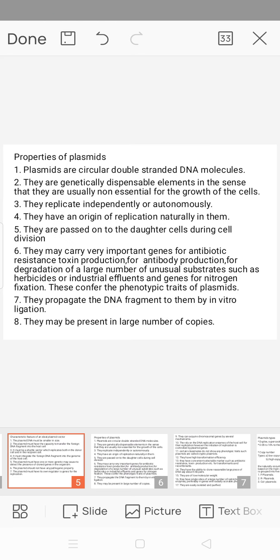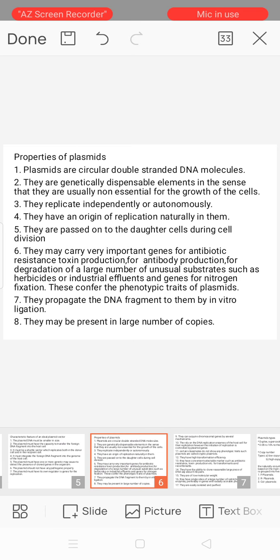And the properties of plasmids. Plasmids have the following characteristics. Plasmids are circular double-stranded DNA molecules.